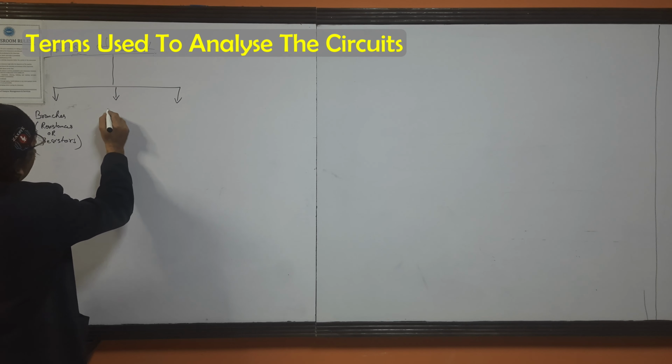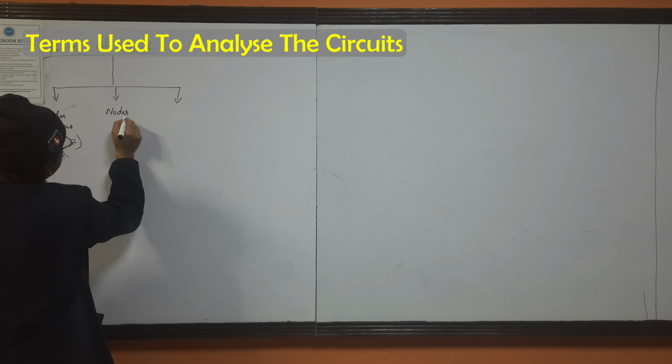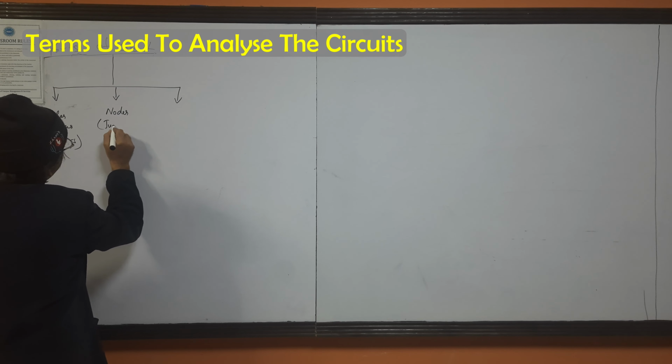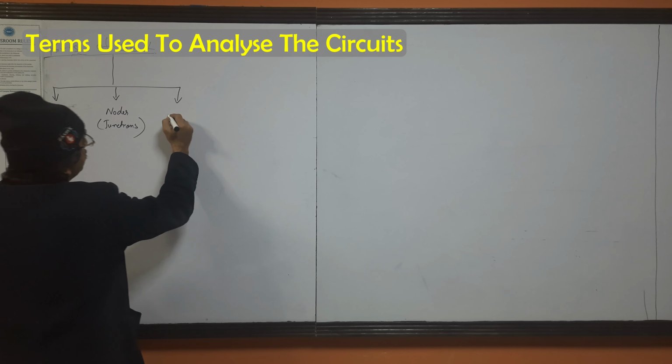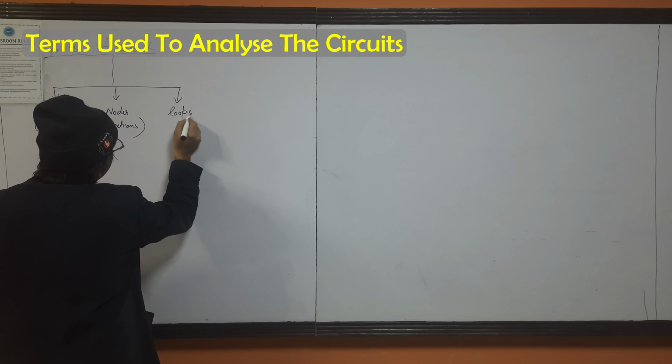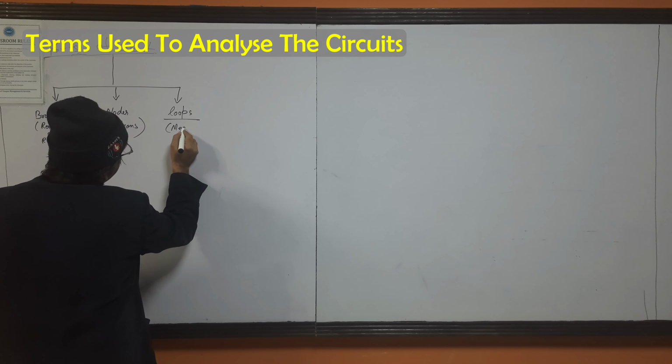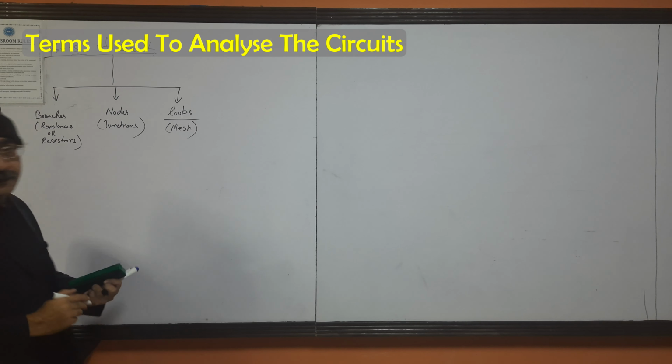Number two are nodes, that is also defined as the junctions. Third is loops, and some books like to write mesh.